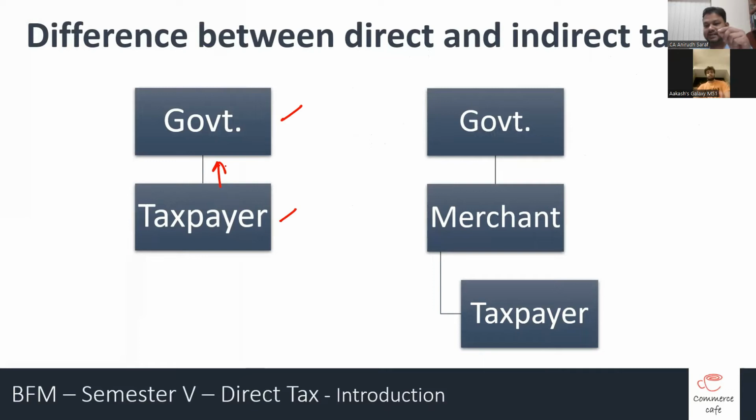When you are paying GST, for example, you go out and have a meal at a restaurant, or you buy anything from the local store, those things carry a certain rate of tax, maybe 5%, 12%, 18%, depending upon what item it is. Different rates of tax are there.